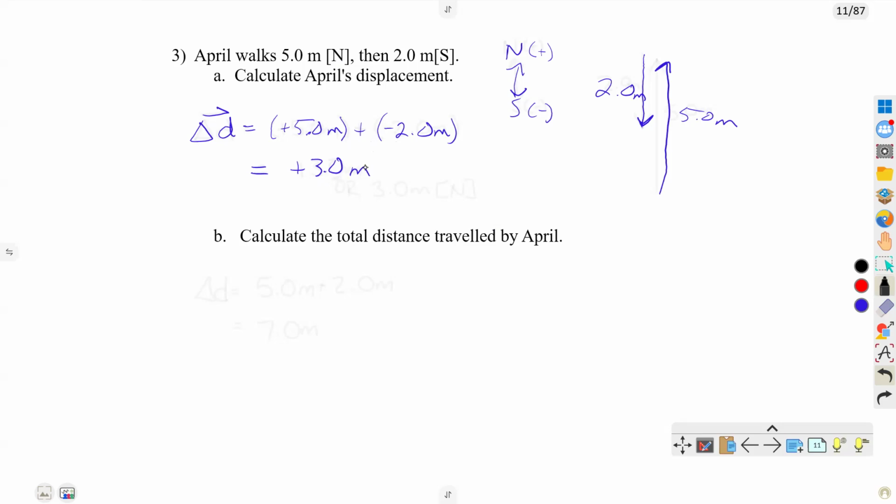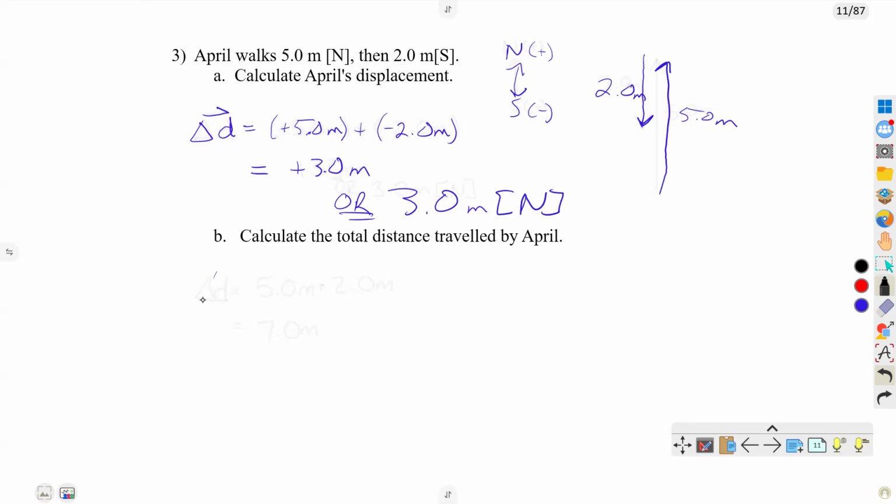They're the same in both, but please put in the 3.0. Don't put in a 3 and just leave it at that. It should be 3.0 for compensating for the correct number of significant digits. Now, again, we could do it this way, or we could say it's 3 meters to the north.